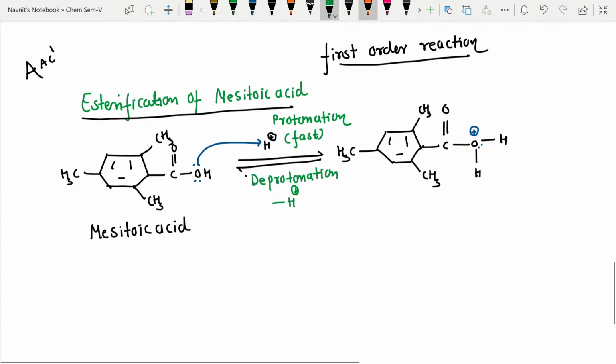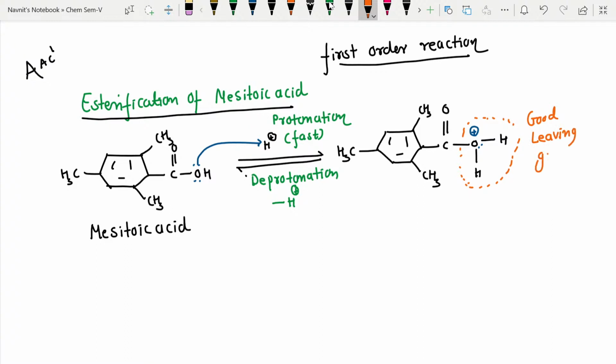Now again, see this. This is a good leaving group, a water molecule. So it can easily eliminate from the molecule and form a stable carbocation.